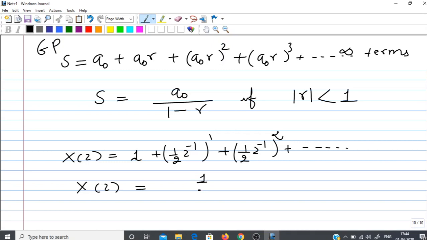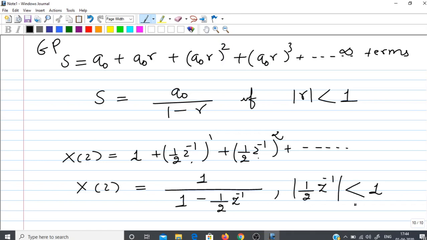It is 1. What is our common ratio? If you divide the third term by the second term, you get half Z inverse. So 1 minus half Z inverse. But this summation is possible only if the mod of half Z inverse is strictly less than 1.